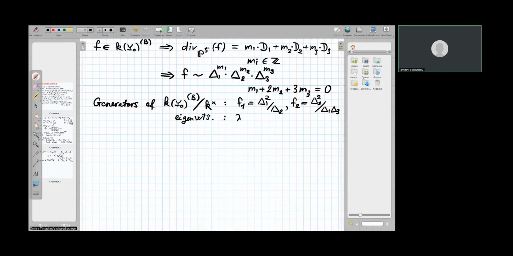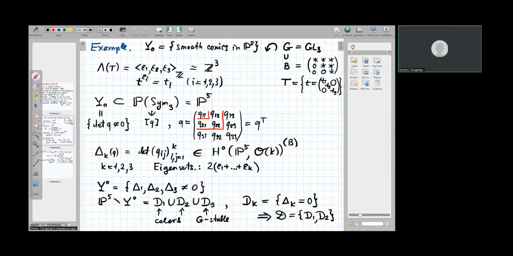Here we have the weight lambda 1, which is equal to 2 times epsilon 1 minus epsilon 2. And here we have lambda 2, which is equal to 2 times epsilon 2 minus epsilon 3.